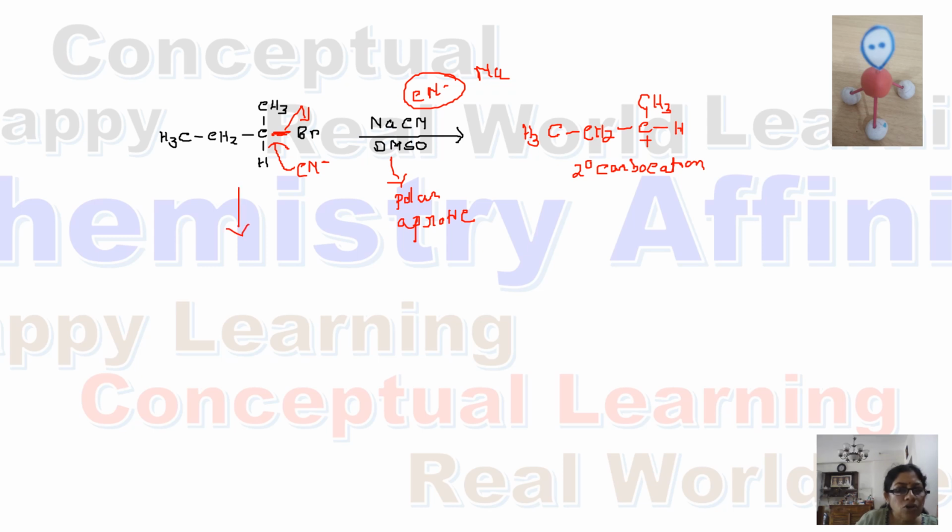Now we can draw the transition state of the SN2 reaction. Carbon, this is a methyl. Now here, dotted Br means Br is leaving, and here, dotted CN minus means CN is adding. So this is your transition state.